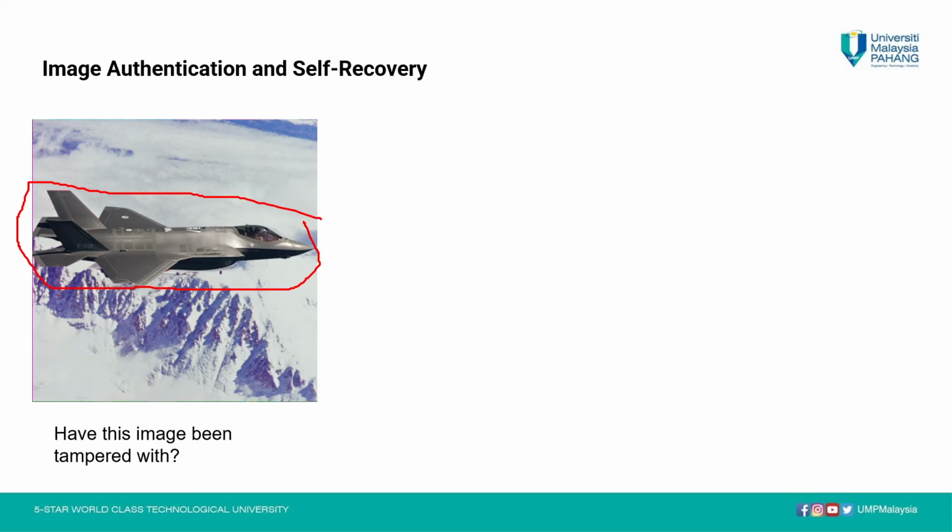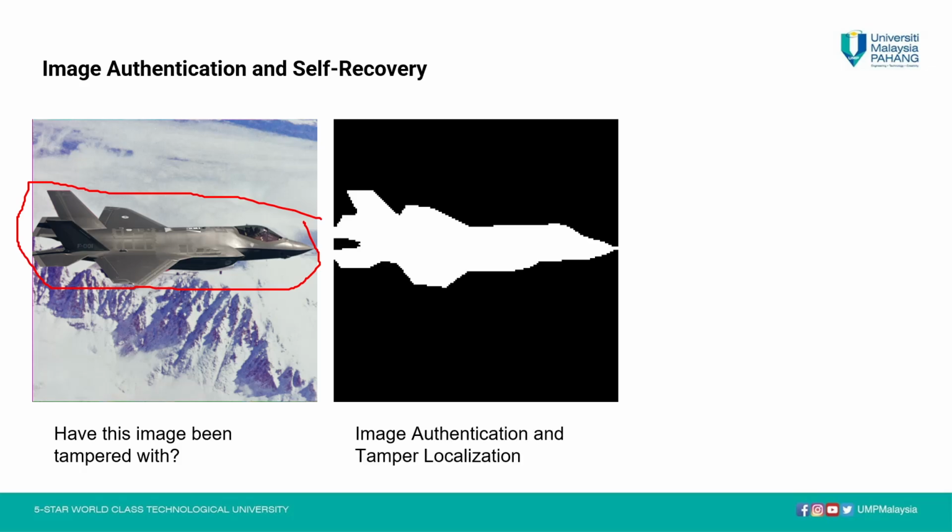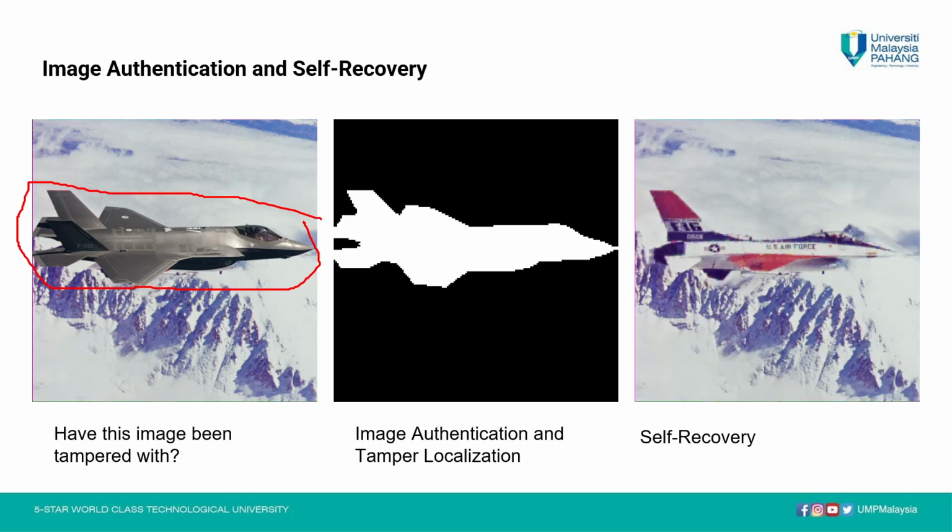In this research, we would like to localize which part of the image has been modified, and here is the result. Our algorithm can localize the modified area of the image. In this case, the white area means that all of the pixels are already tampered, already modified. And then the next step is how to recover the image, and this is the last one.